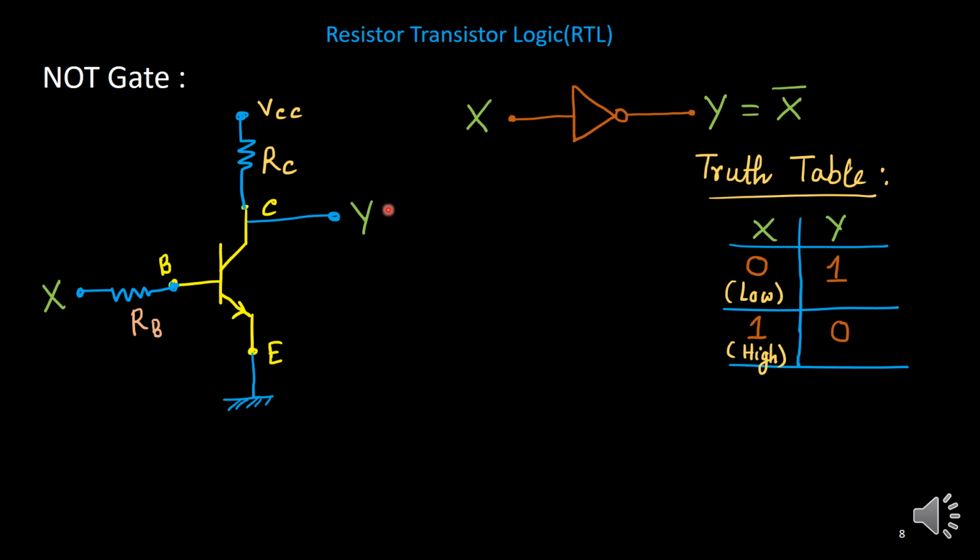Now we need to understand how it will work. Here RC and RB are required so that the transistor is biased properly.